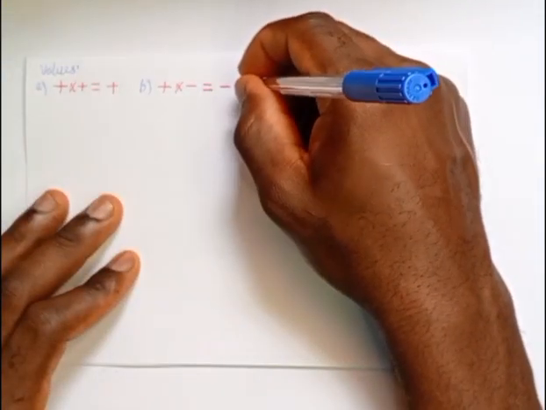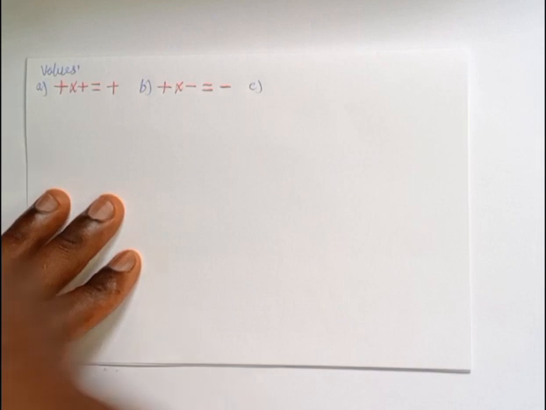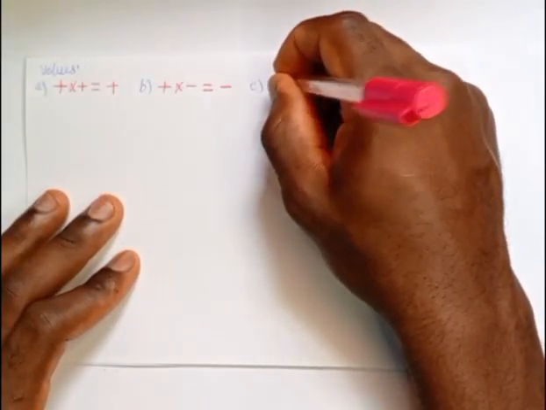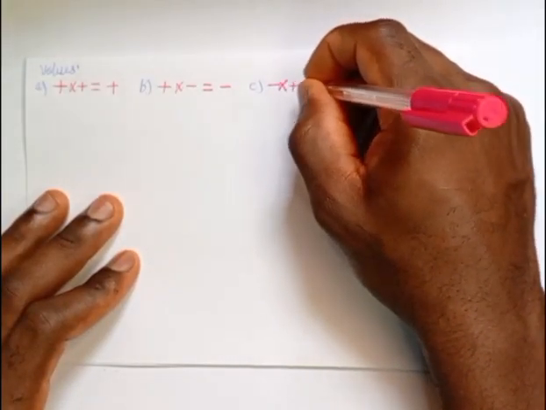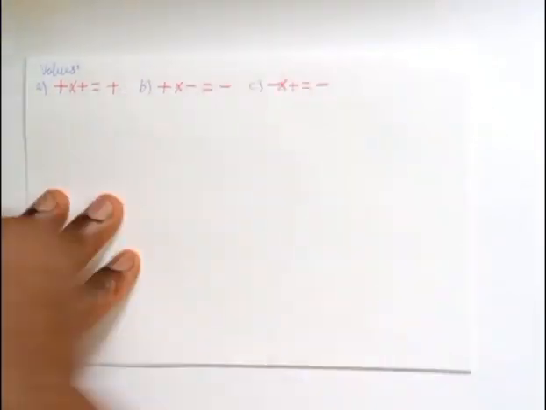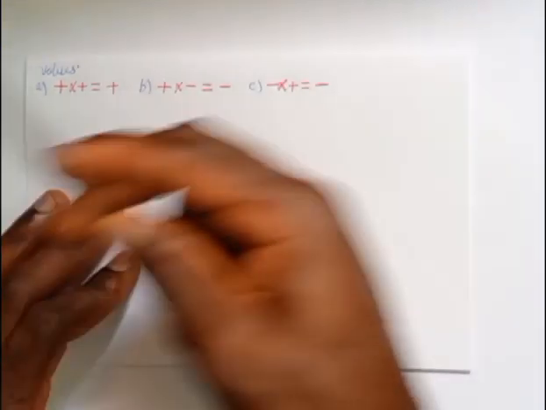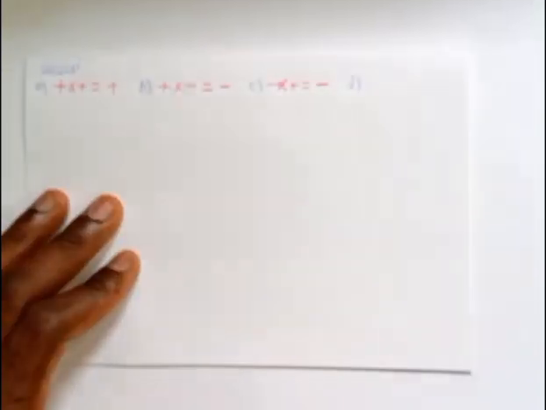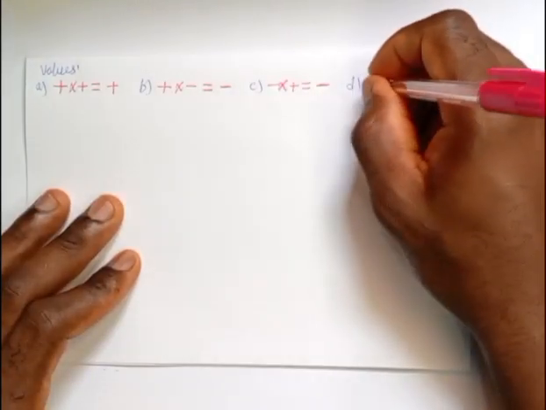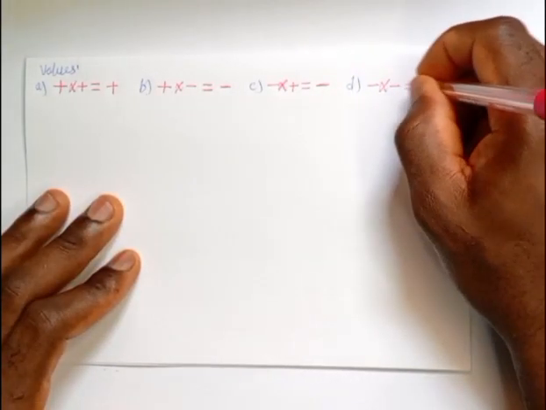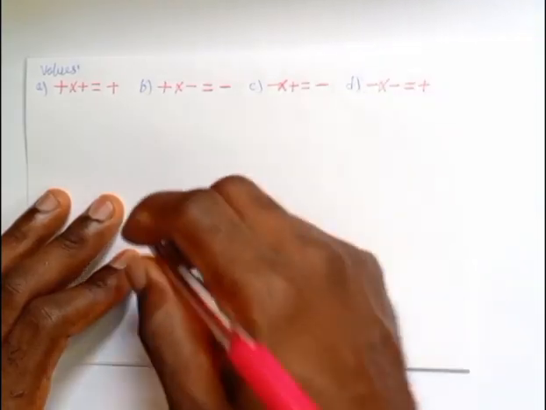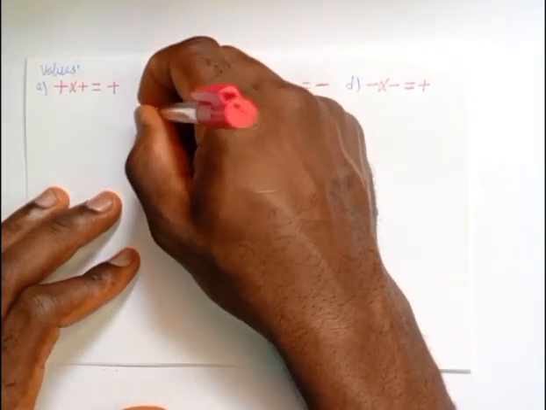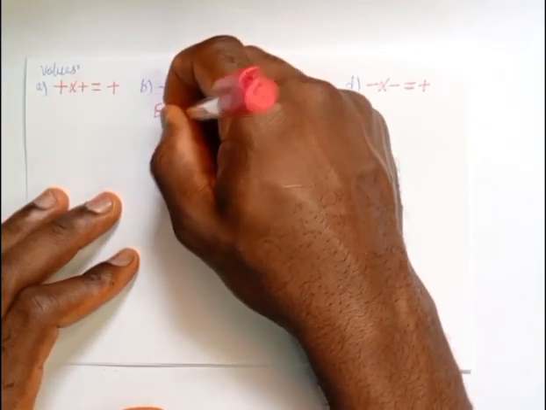For C, we have negative times positive, it is equal to negative. And lastly, for D, negative times negative is simply equal to positive. Let's look at some examples on this.